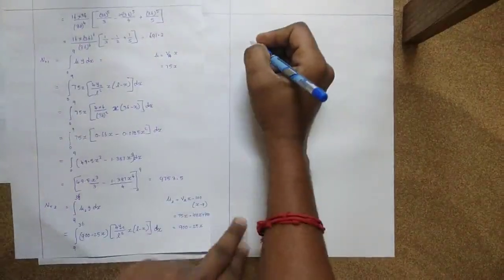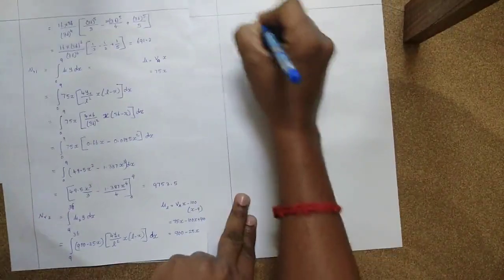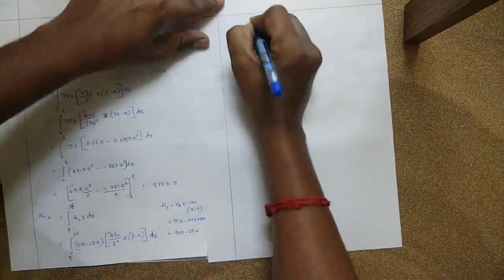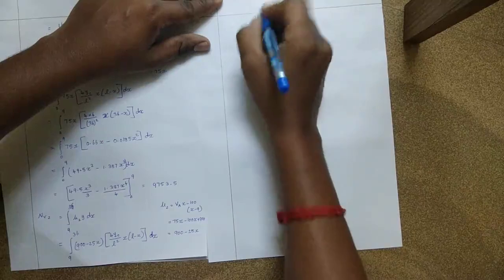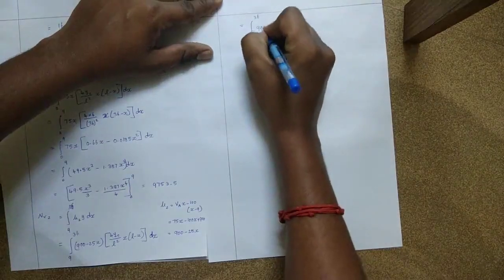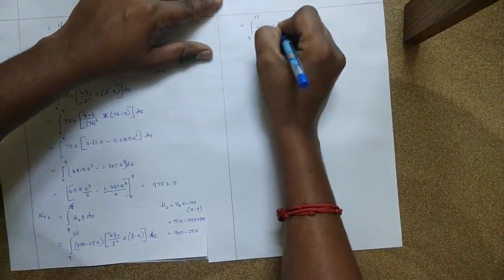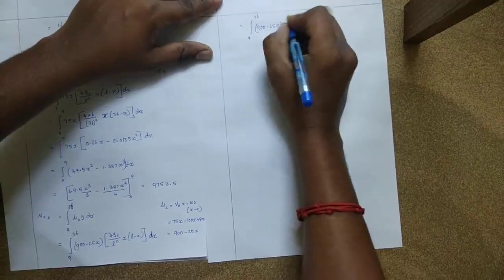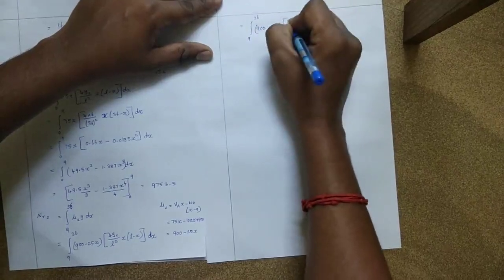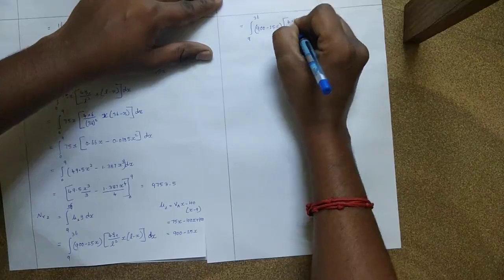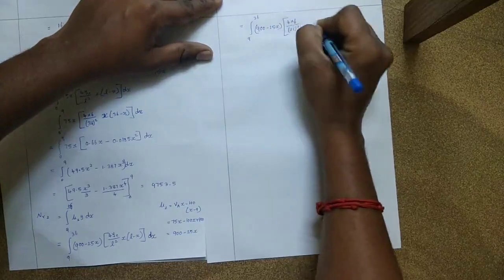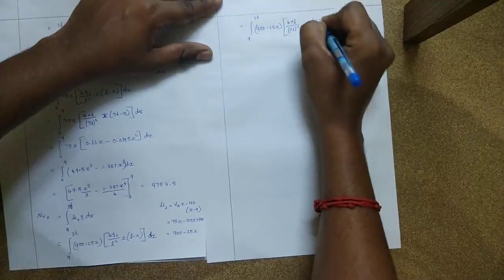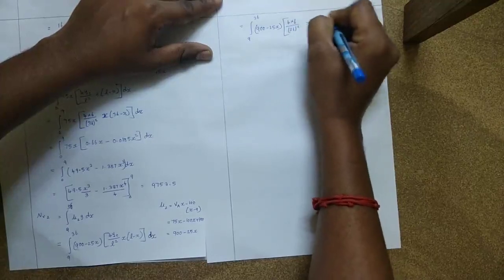So the integration from 9 to 36 of 900 minus 25x into, we know the crown height is 6 meter and length is 36, so 36 square into x into 36 minus x.